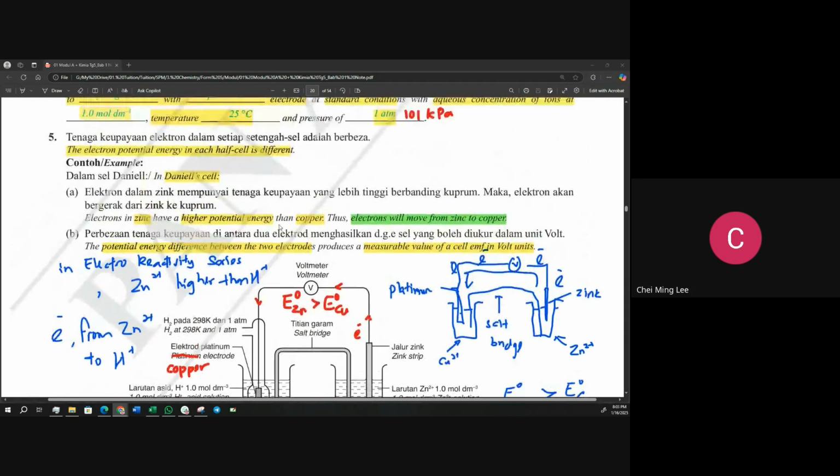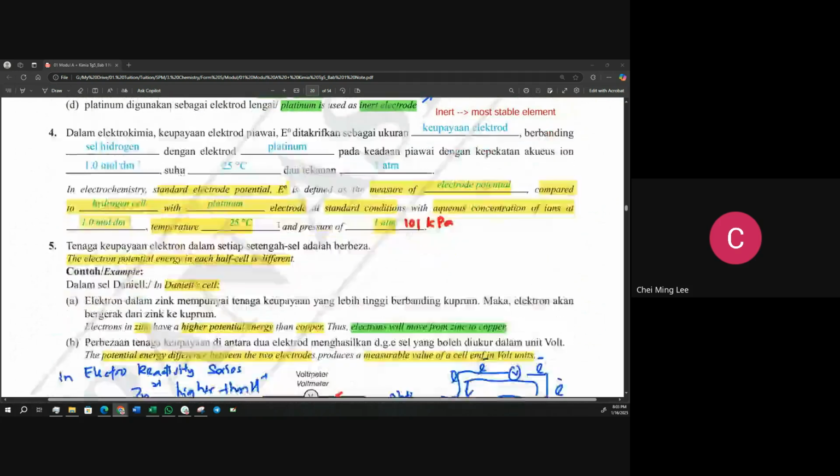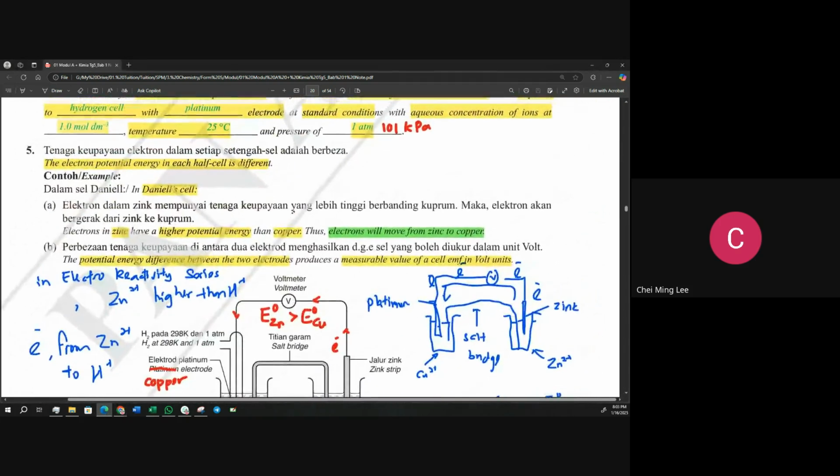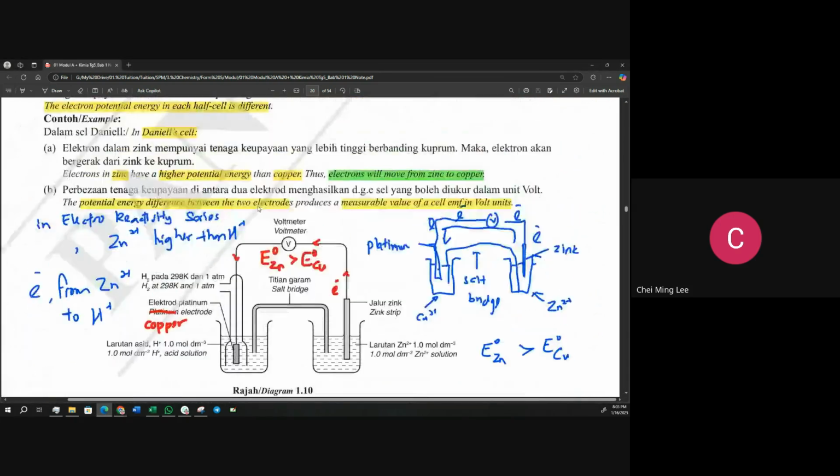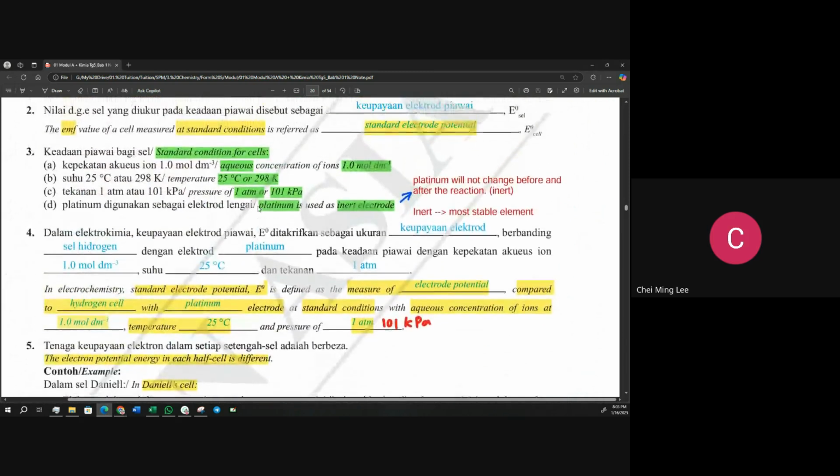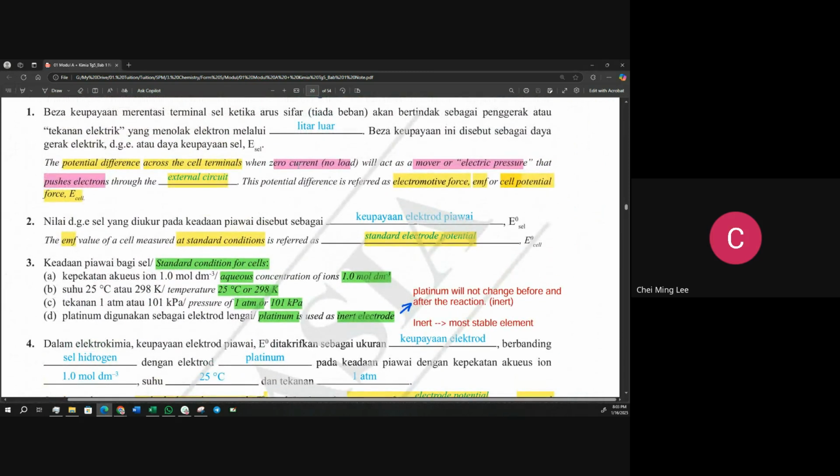That's why, in the definition, it said zero current means that no load. Okay? You understand? So the EMF value of this cell at standard conditions, we call it the standard electrode potential.